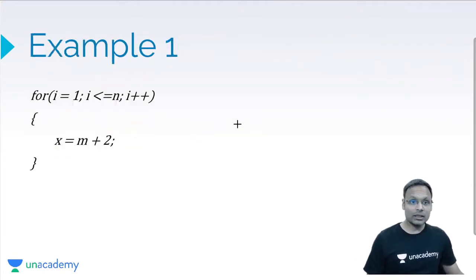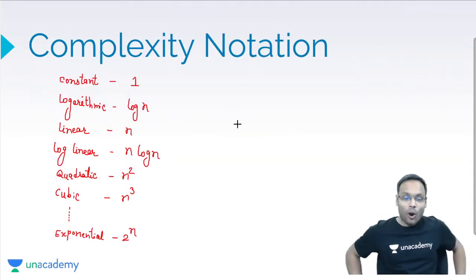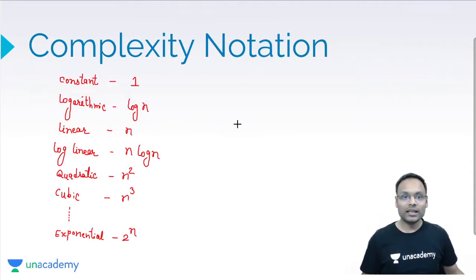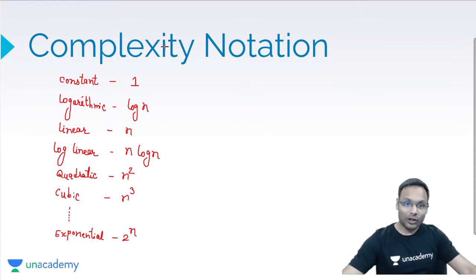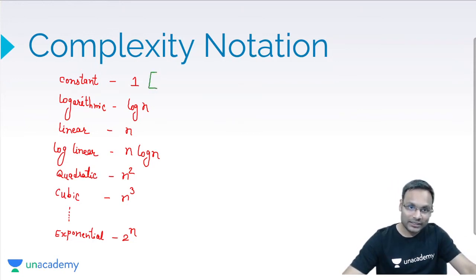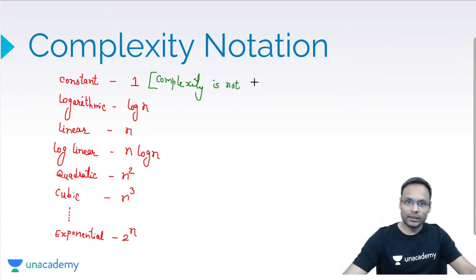One more thing, let's try to understand how exactly we calculate these n log n, constant and linear and so on. If you write constant here, we can understand that complexity is not dependent on input size.